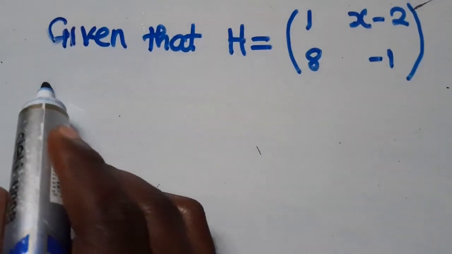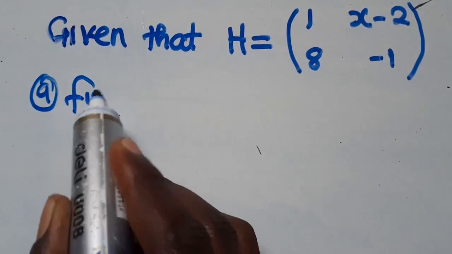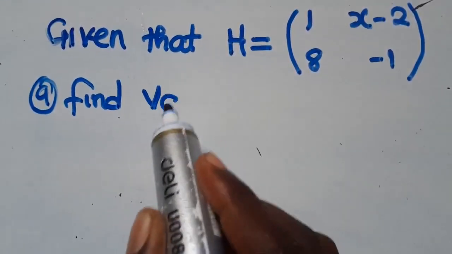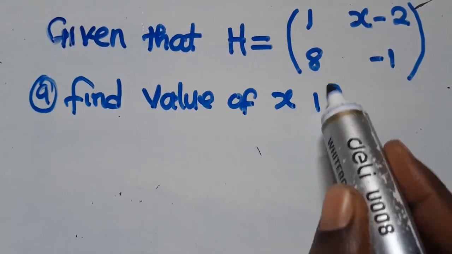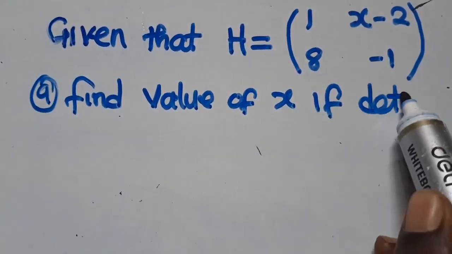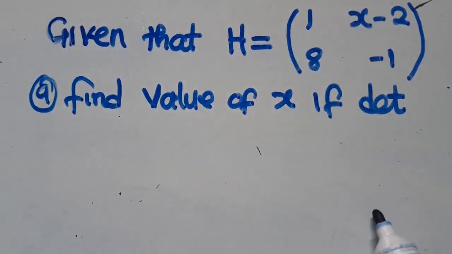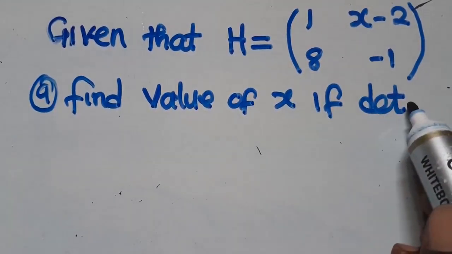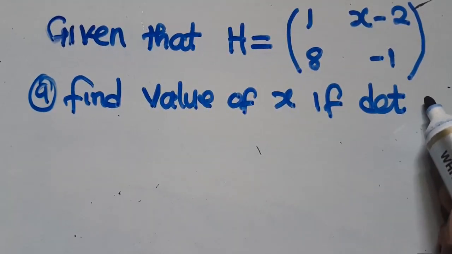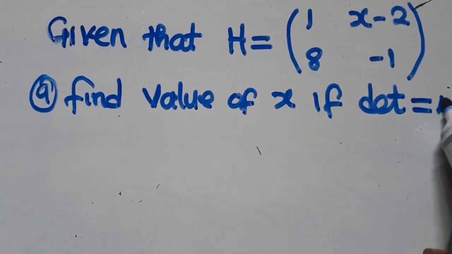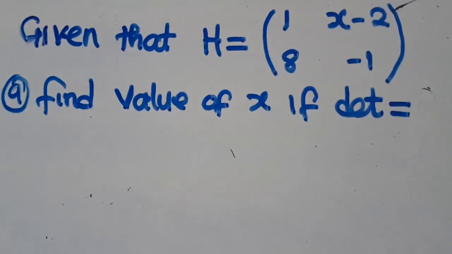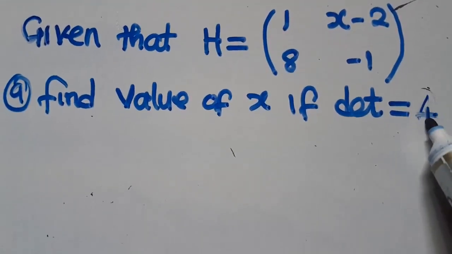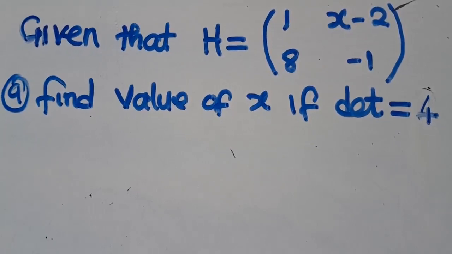The first question: find the value of x if the determinant, det, is equal to 4. This is how the question was. If the determinant is equal to 4.